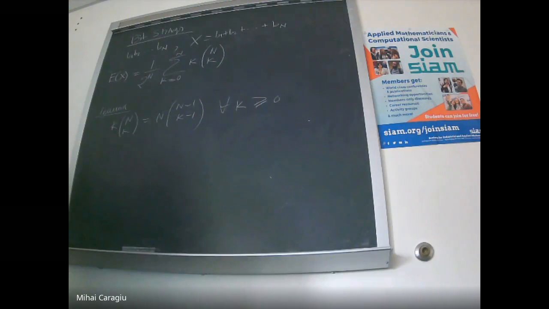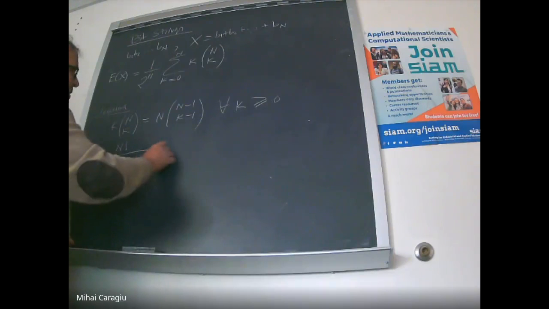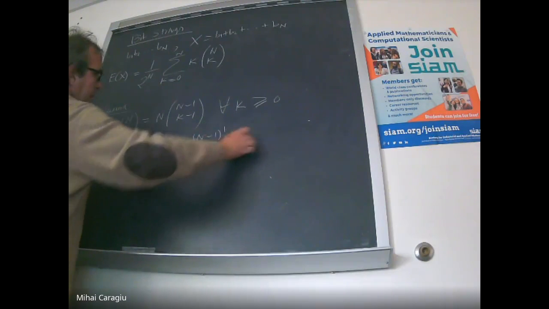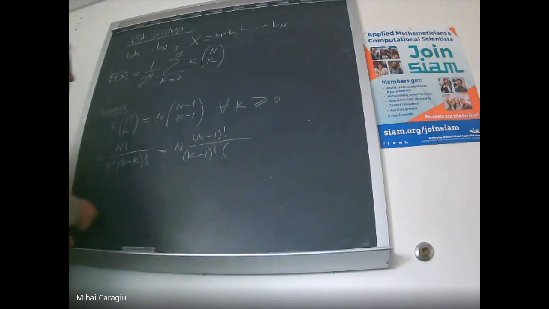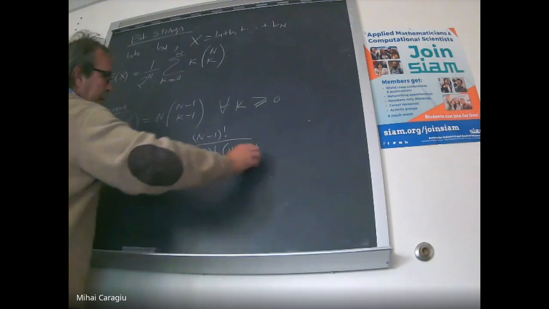So, okay, let's try to move this stuff. This would be k times n factorial divided by k factorial times n minus k factorial, equal to n times n minus 1 factorial over k minus 1 factorial times n minus 1 minus k minus 1 factorial, which would still be n minus k factorial.